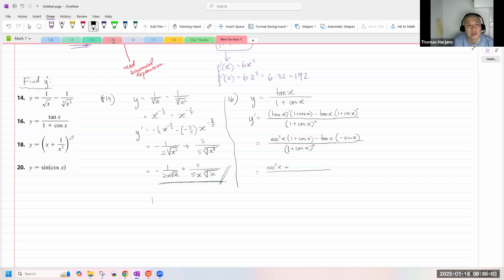Now secant squared x is 1 over cosine squared, right? Multiplied by cosine x, that gives us 1 over cosine, which gives us just secant x. Okay, and then what is this here? This becomes plus tangent x sine x.